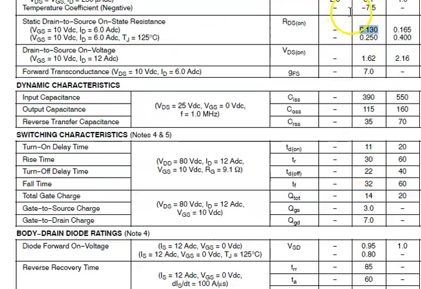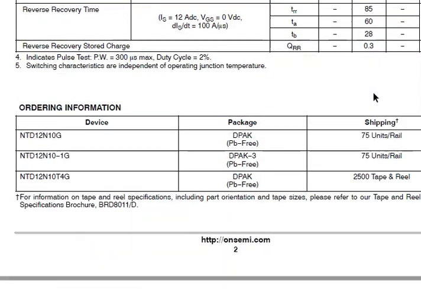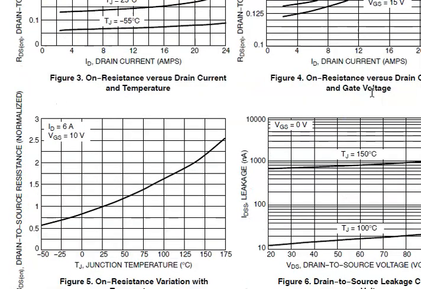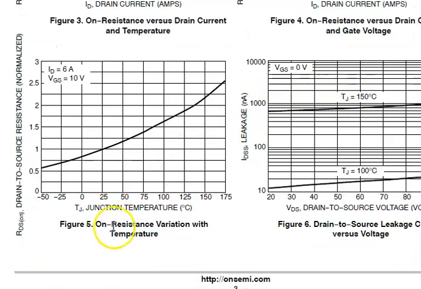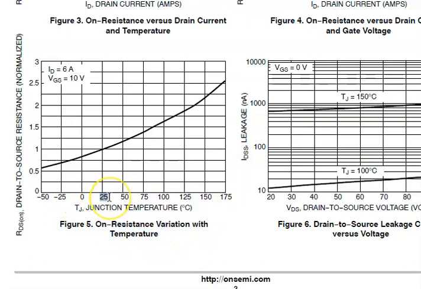So this is your RDS on value at 25 degrees C. What happens if the temperature that we operate at is not 25 degrees C? You can see this from figure 5 here, on resistance variation with temperature. If it operates at 25 degrees C, it follows a ratio of 1, so 1 times 0.13 remains 0.13 ohms.